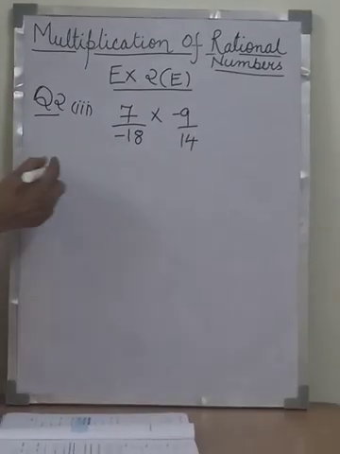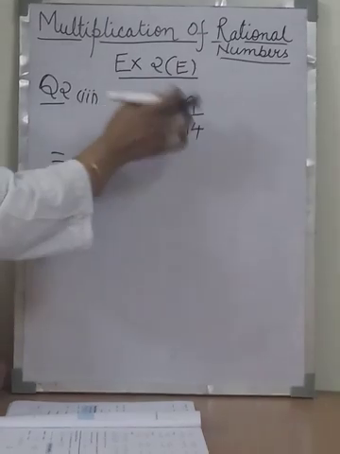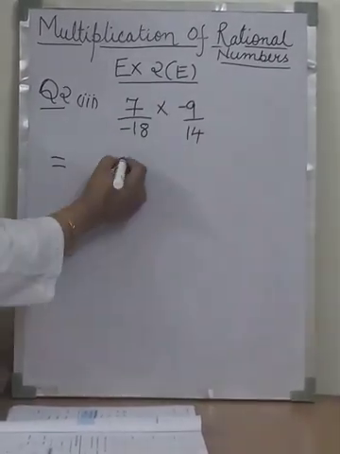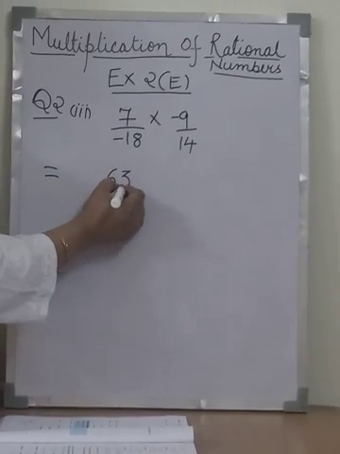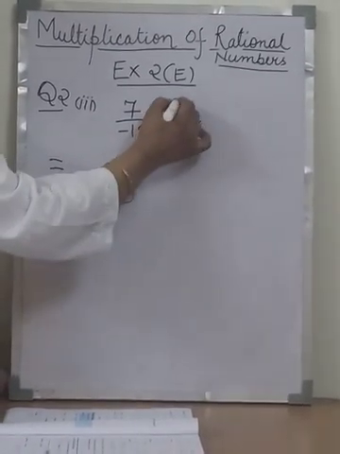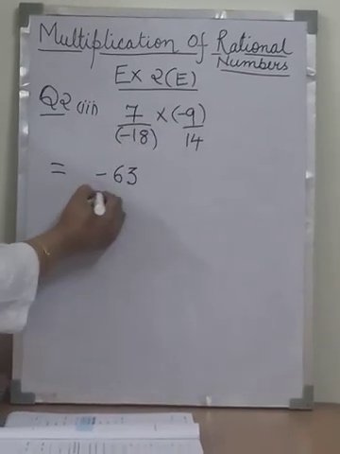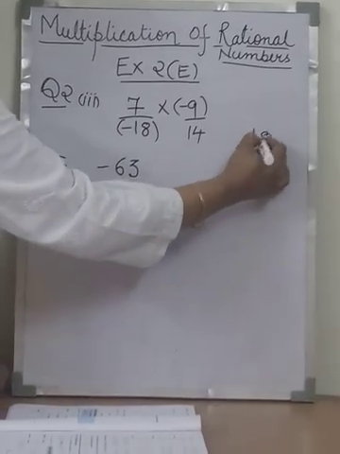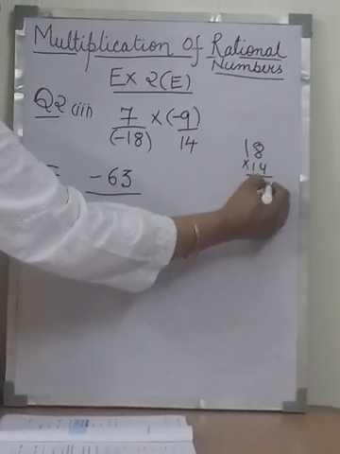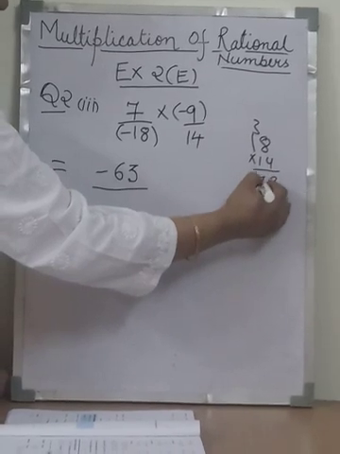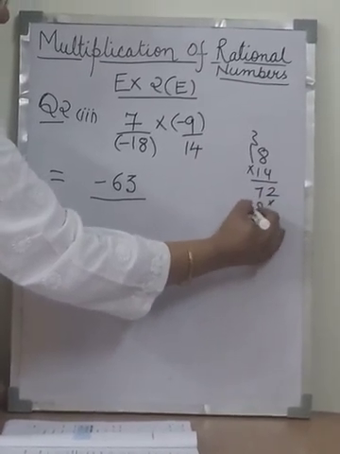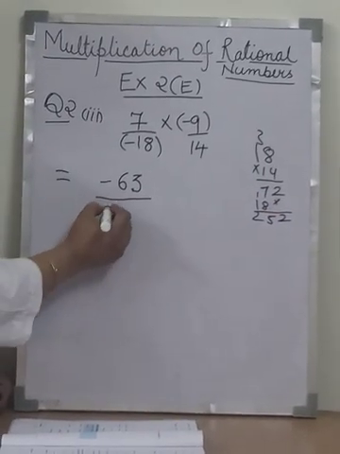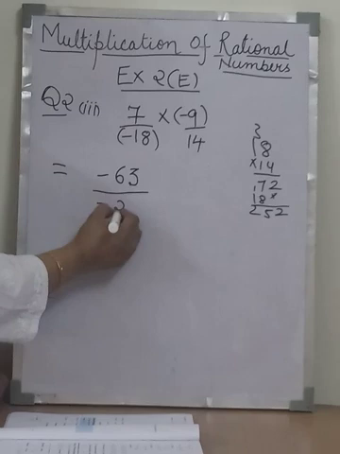Firstly, we multiply numerator with the numerator and denominator with the denominator. 7 9s are 63, and the negative sign is there one time, that is an odd number of times, so the sign is going to become minus. Okay, children. So I wrote -63. Now 18 into 14 is 252, so I write 252.